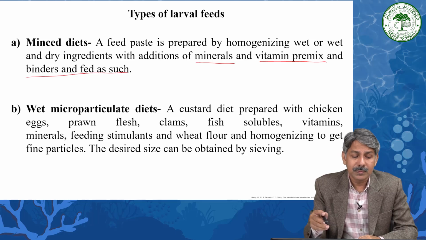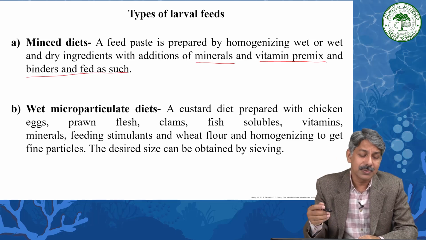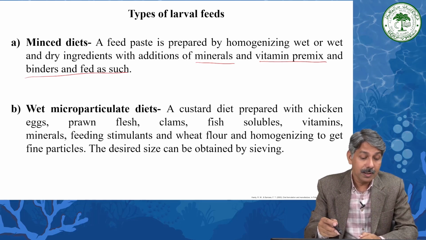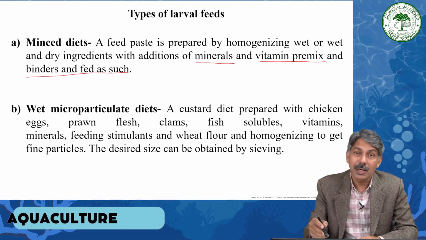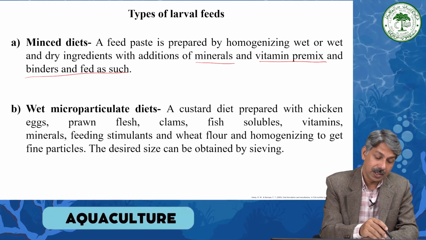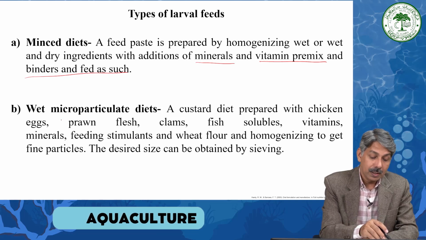You can simply mince different kinds of ingredients by homogenizing dry ingredients, or you can mix dry and wet. You can use wet ingredients only, but binders should be there. Vitamin and mineral premix should also be there for meeting the nutrient requirement of the larvae.